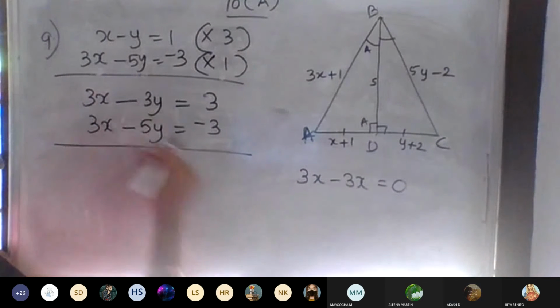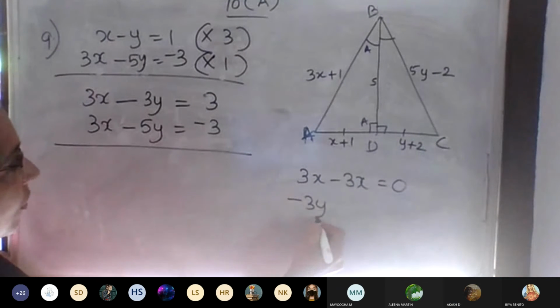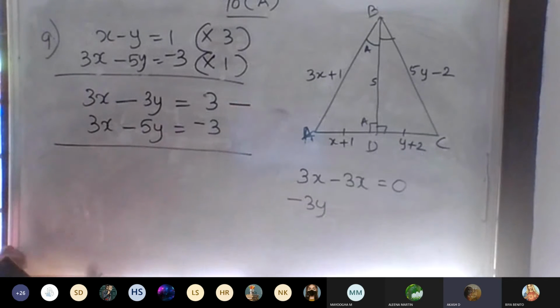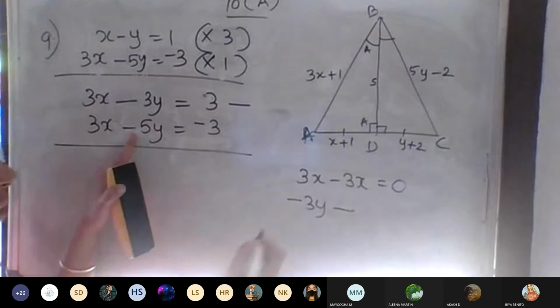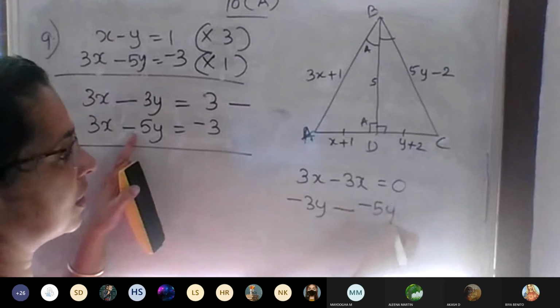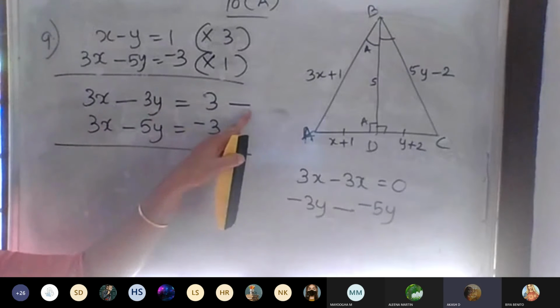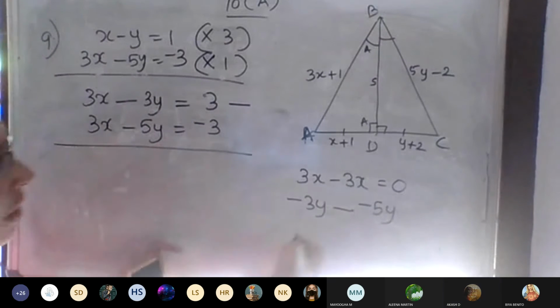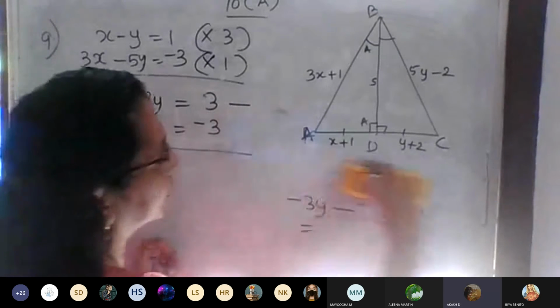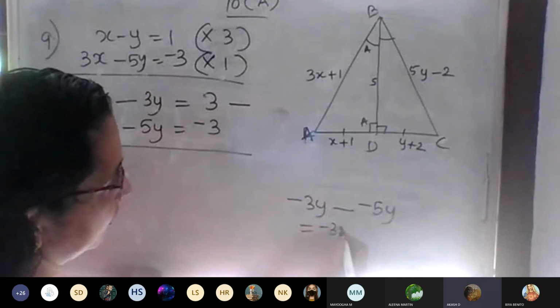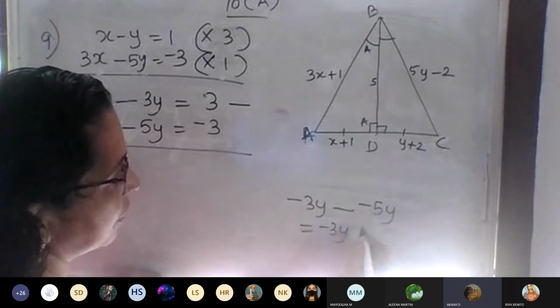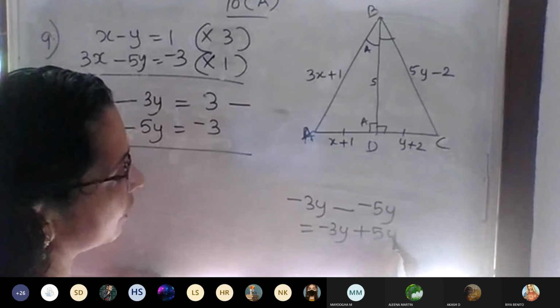Then negative 3y subtracting negative 5y: negative 3y plus 5y.